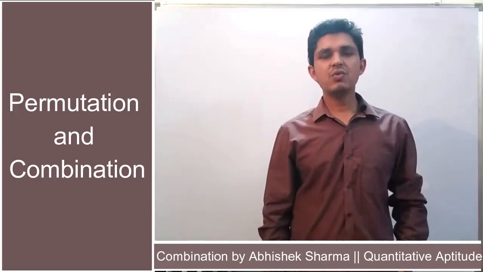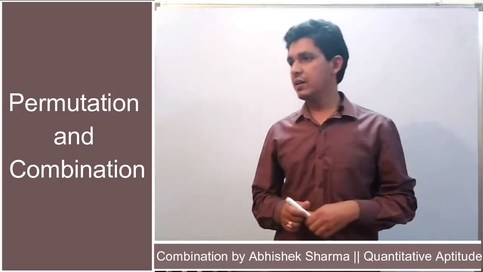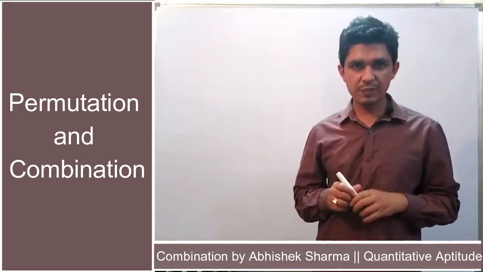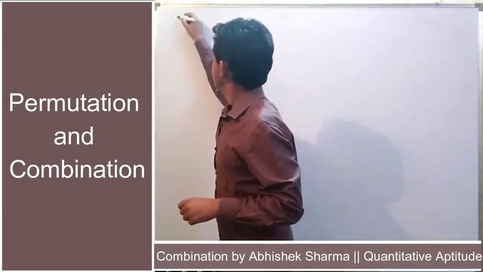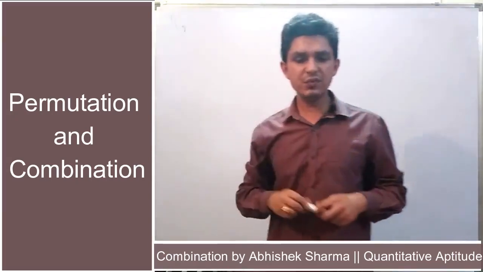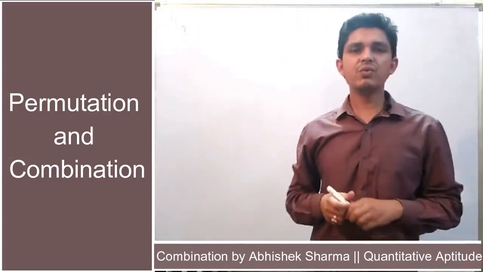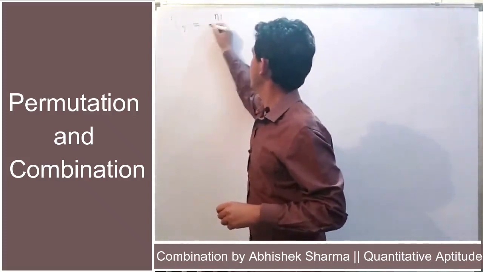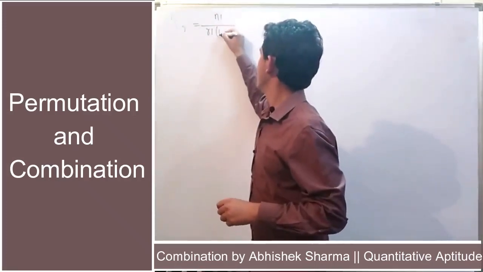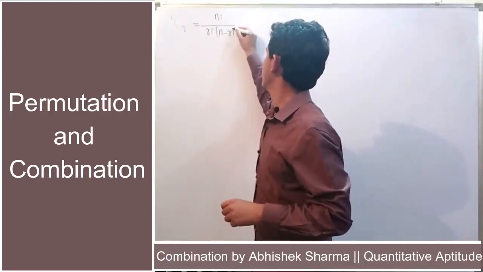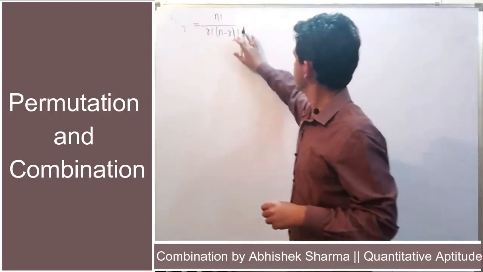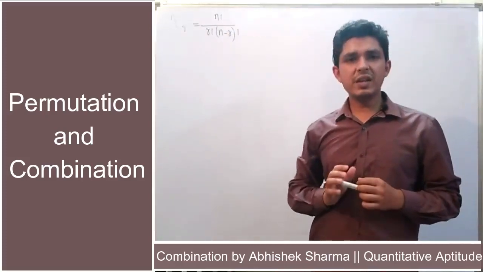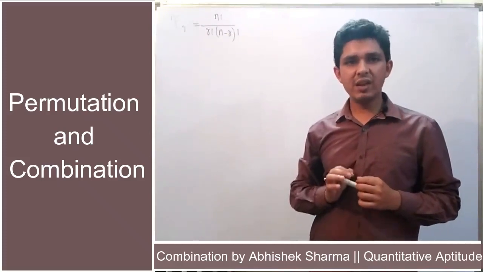In combination, you have to remember one thing: the formula of selecting is NCR. This formula states that if you have to select R things out of N things, you can write it as factorial N divided by factorial R multiplied by factorial N minus R. This is very simple when we have to select R things out of N things.